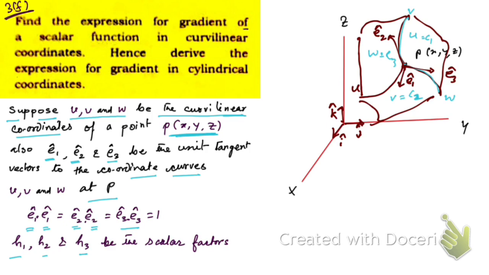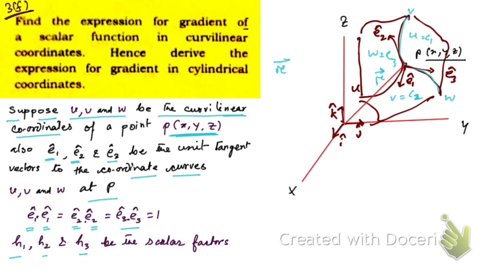These unit tangent vectors will be given by the following. Suppose the position vector of this point P, whose coordinates are x, y, z, is r vector, not r cap.